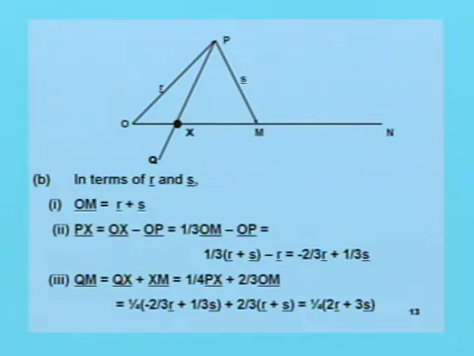By substitution, we will have vector QM is equal to a quarter into minus 2/3 vector r plus 1/3 vector s, close bracket, plus 2/3 open bracket vector r plus vector s, close bracket. When simplified, that is equal to a quarter into 2 times vector r plus 3 times vector s.